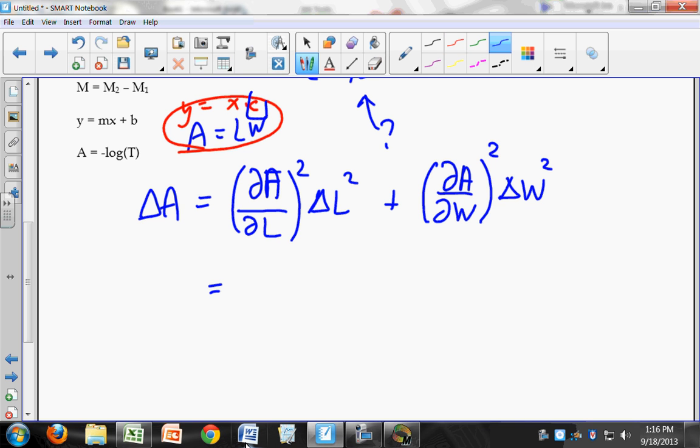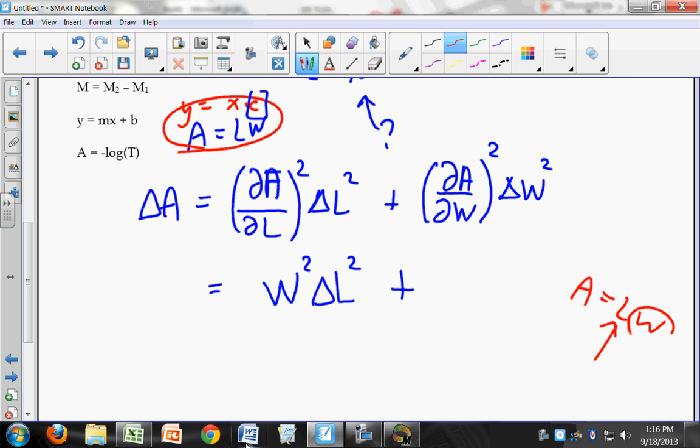It's just whatever the constant is, right? So this is just W. So that's W squared times delta L squared. Plus, what's the partial derivative of A with respect to W? A equals LW. If I treat L as constant, what's the derivative with respect to W?